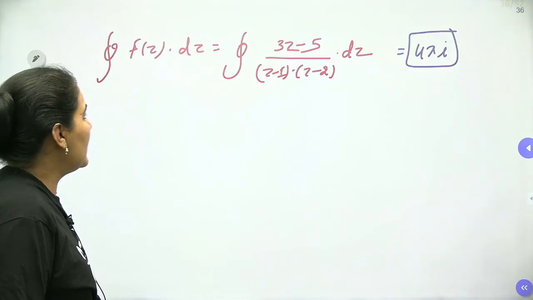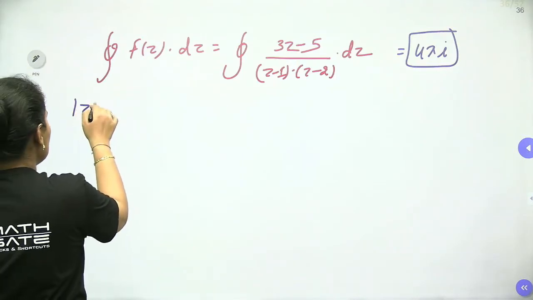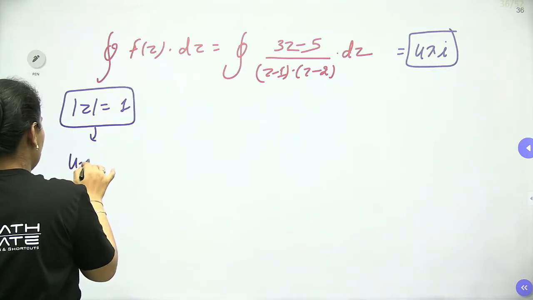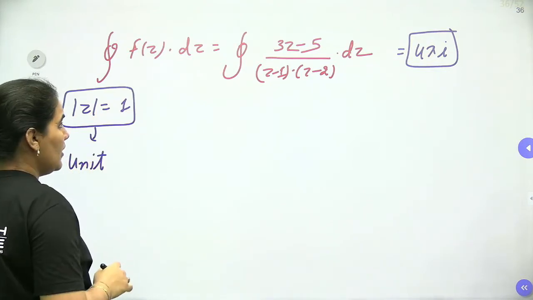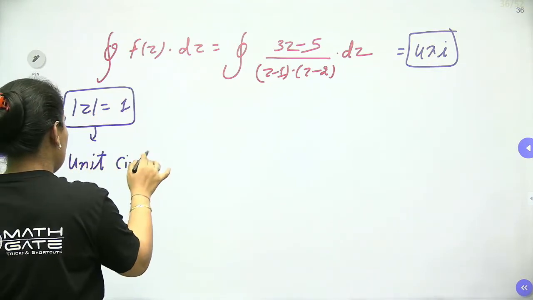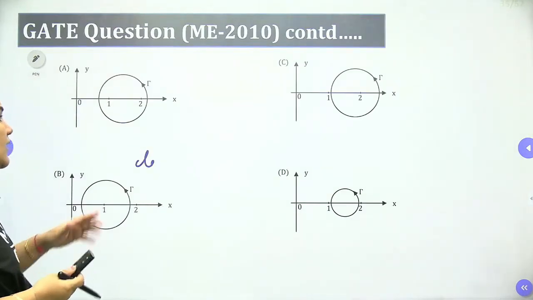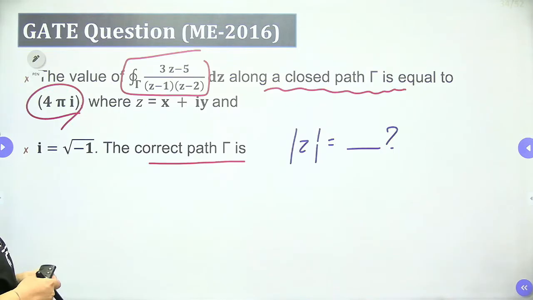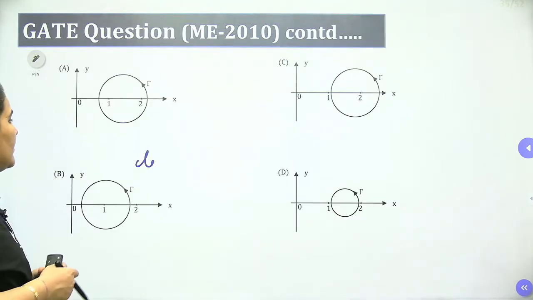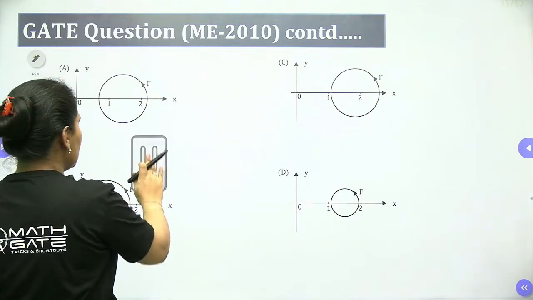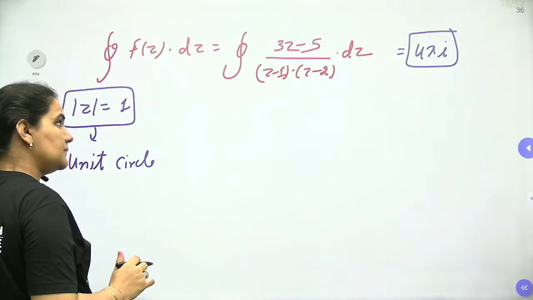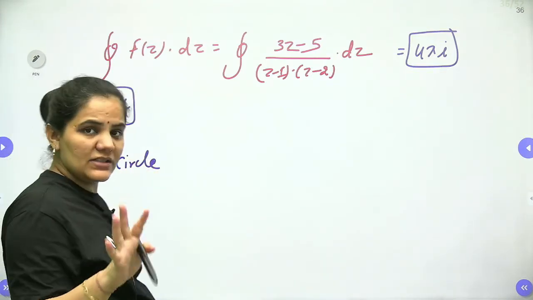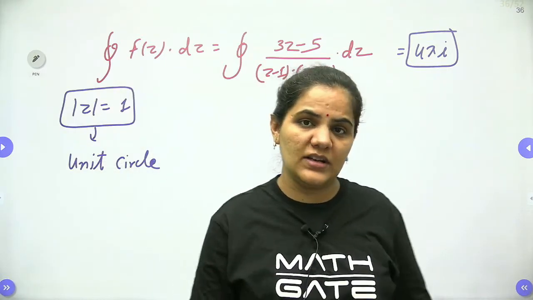Let us assume that the closed path is mod z equal to 1. It means it's a unit circle. It's not exactly the unit circle, but we can assume that it can be a unit circle.